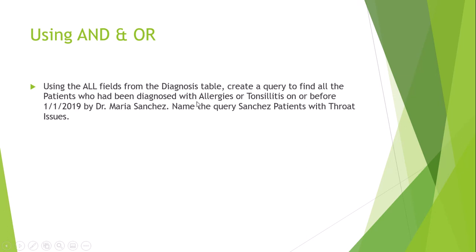Because we only want to know about patients who had been seen by Dr. Maria Sanchez and diagnosed with this disease, or diagnosed with this disease on or before this date. So it's like you're creating two separate queries.